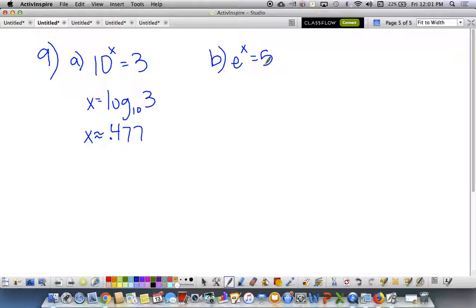Until they show us how to do it by hand, you won't have to do anything. They don't give you a log base 3 that you have to do. That last one was 3 to the x equals 4. They didn't ask for numerical calculations. They taught you how to do it. They will teach you how to do it. I promise. You're welcome.